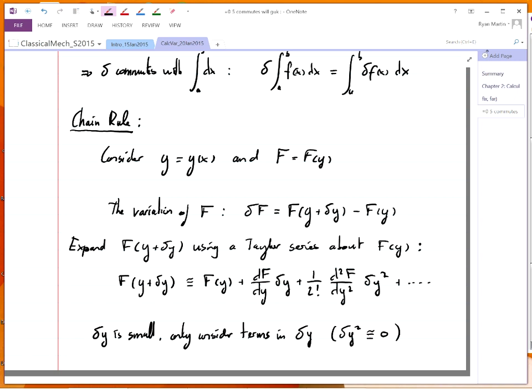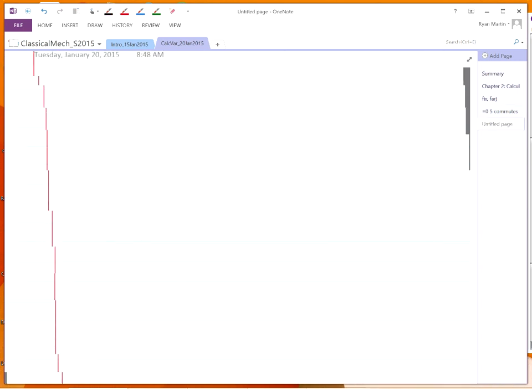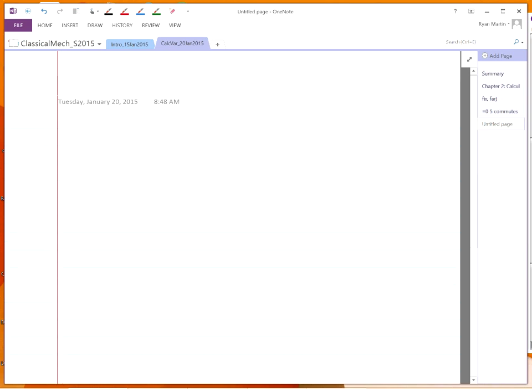So if we consider only terms that are first order in delta y, then the thing that we expanded, F of y plus delta y, is roughly equal to F at y plus dF by dy delta y.